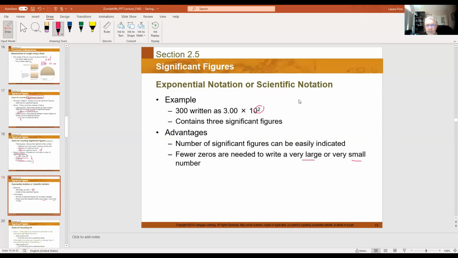The positive sign is for very large numbers, and the negative sign is for very small numbers. And the number that you use here represents the number of places you move the dot to get a number like this, with only one digit different from 0 before the decimal point.